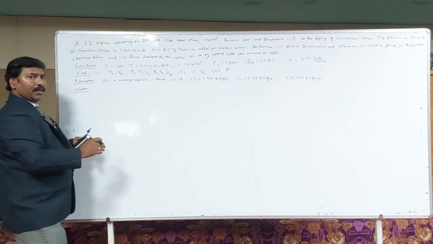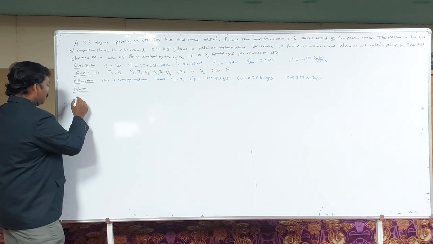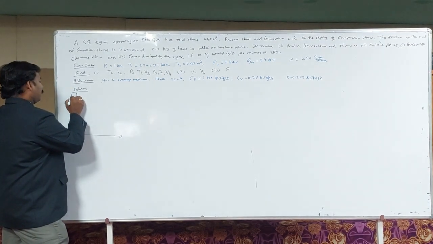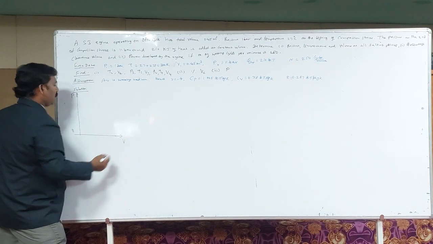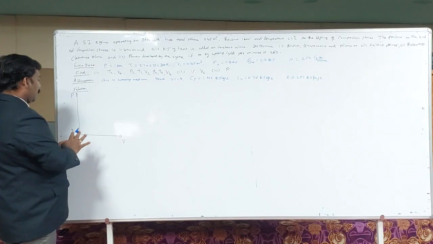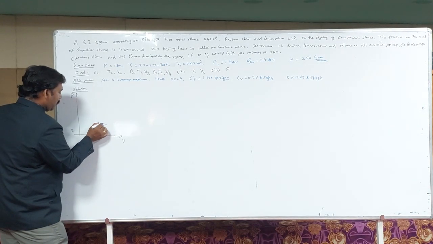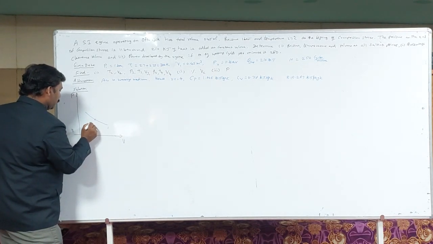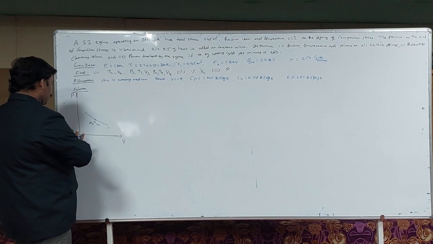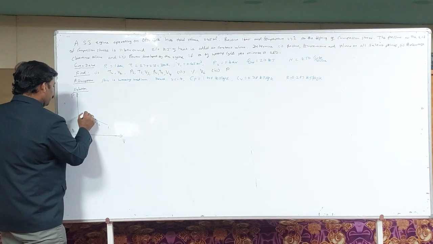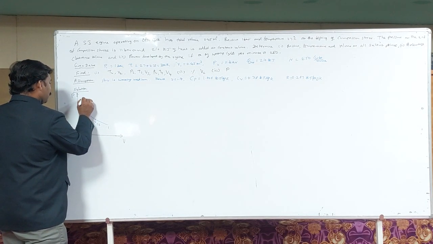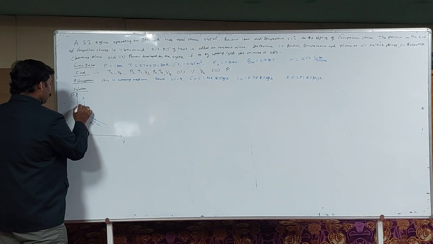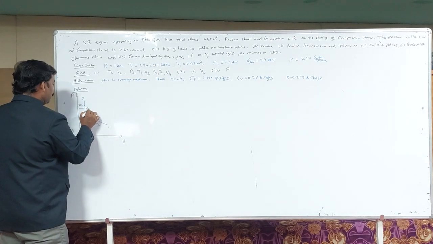Let us draw a PV diagram for this Otto cycle. So this is the PV diagram. In a PV diagram, the process 1 to 2 for Otto cycle is isentropic compression. Then 2 to 3 process is a constant volume heat addition.